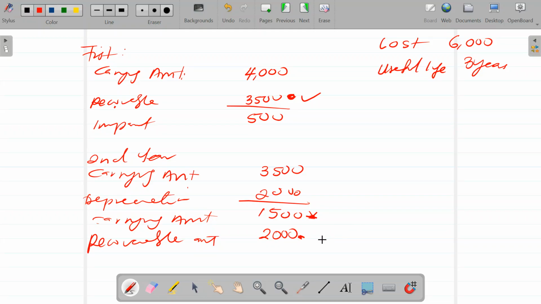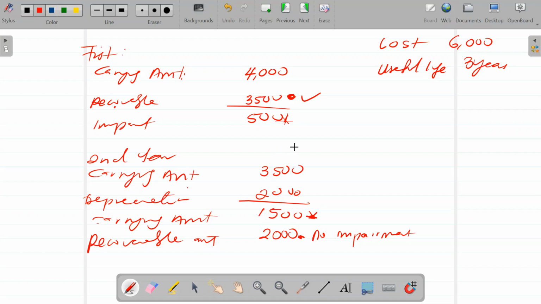So it means there's no impairment. So the standard says if an asset has improved in performance and there's no impairment, then we have to reverse that impairment loss.